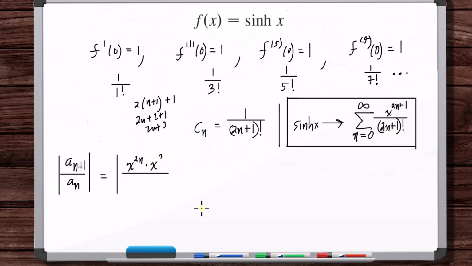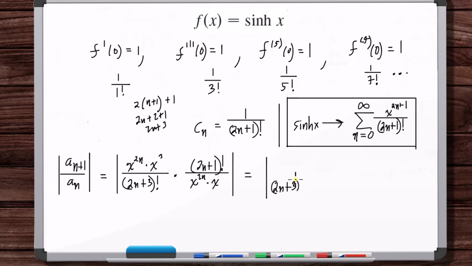Then this is going to be 2n plus 3 factorial, over x to the 2n plus 1 and 2n plus 1 factorial. So we've got 2n plus 3 times 2n plus 2 times 2n plus 1 factorial. That's how we can write 2n plus 3 factorial. x to the 2n times x cubed.